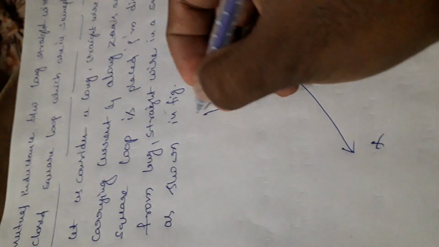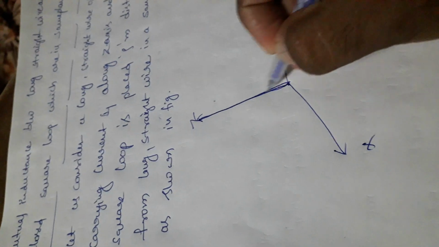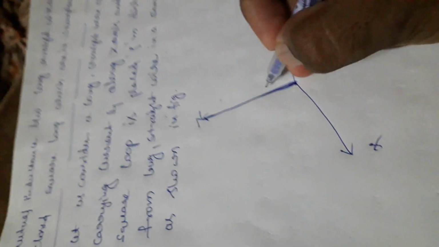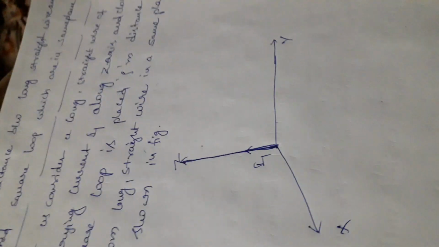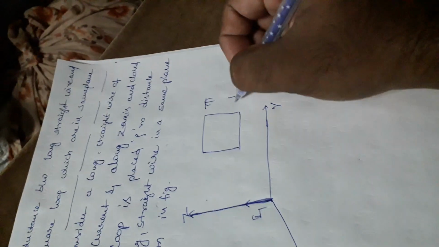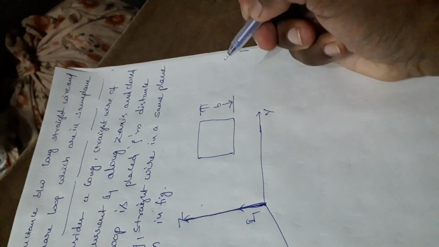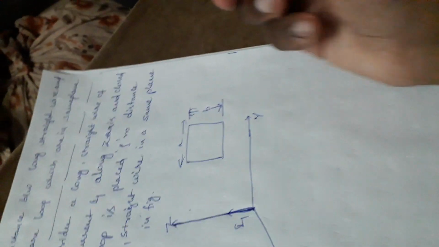In this XYZ coordinate system, a long straight wire is placed along the axis, and the current flowing through the long straight wire is I1 amperes, and a square loop of length b meters and width a meter.